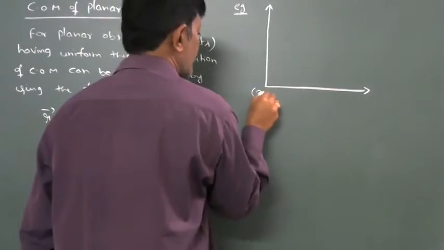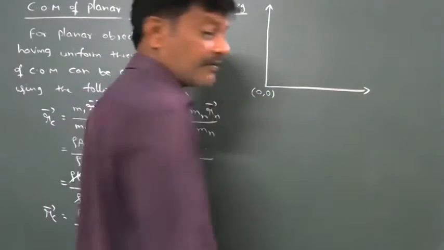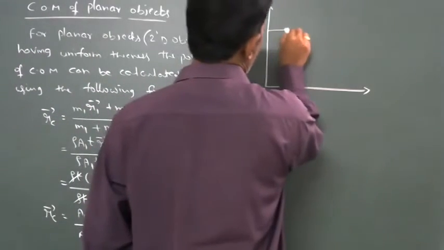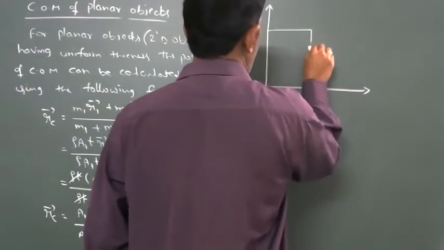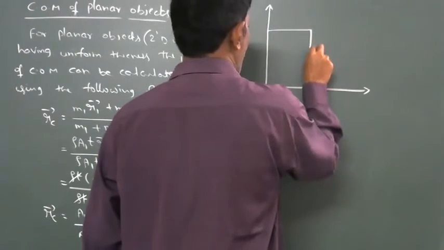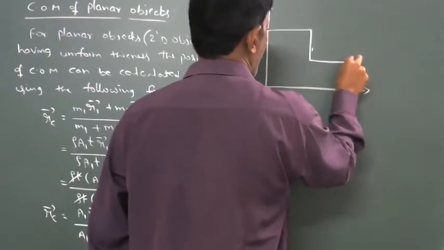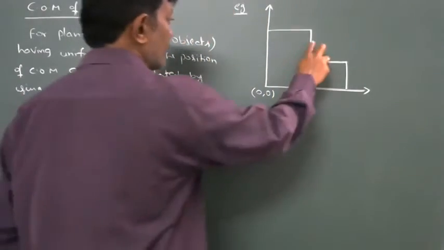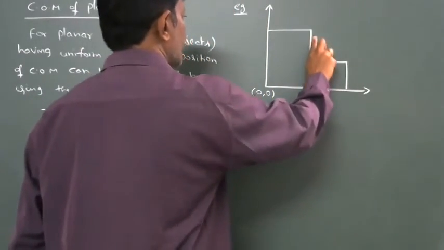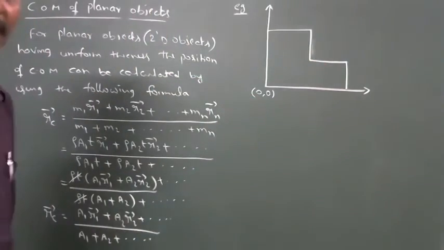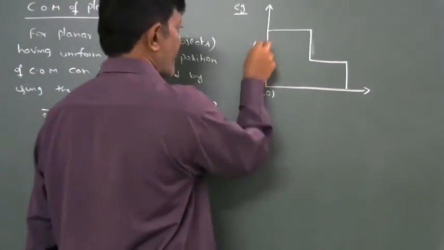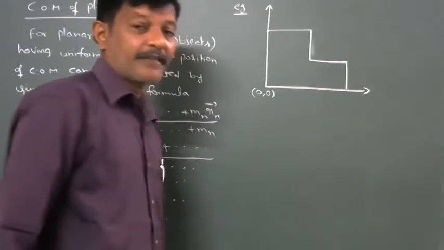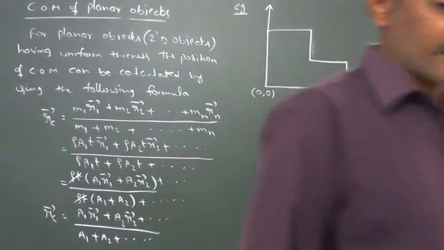This is the origin of the coordinate system, 0, 0. This is the given laminar type object, or planar object.